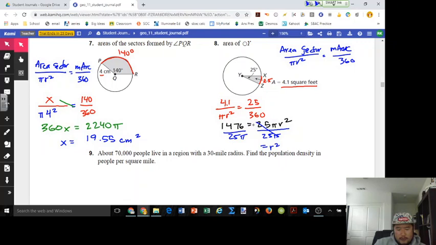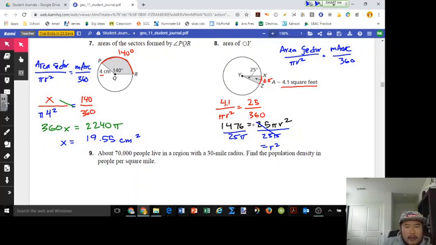Because if you don't, your calculator will just take 1,476, divide it by 25, and then multiply it by pi afterwards. So that's why it is important for you to make sure you put all that stuff in parentheses.